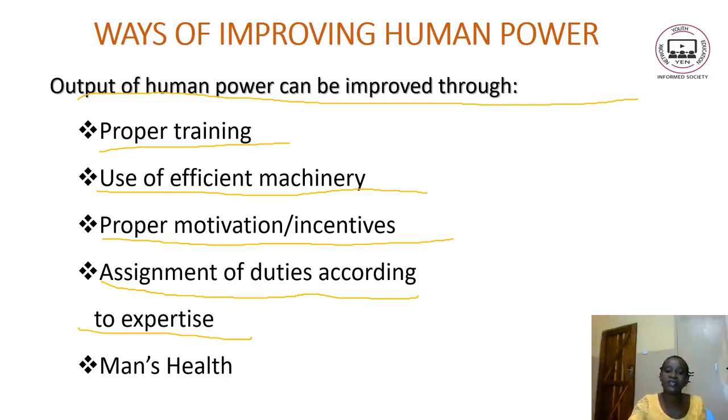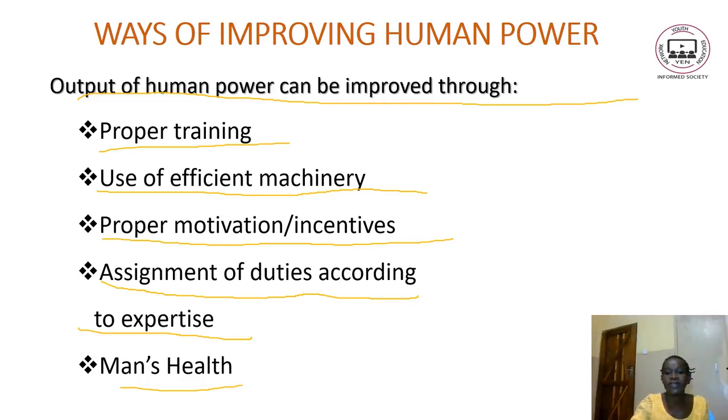So it is important that you assign them duties according to expertise. Those who do well during land preparation, you assign them that work. But those who do well when it comes to weeding, you assign them where they can work better.